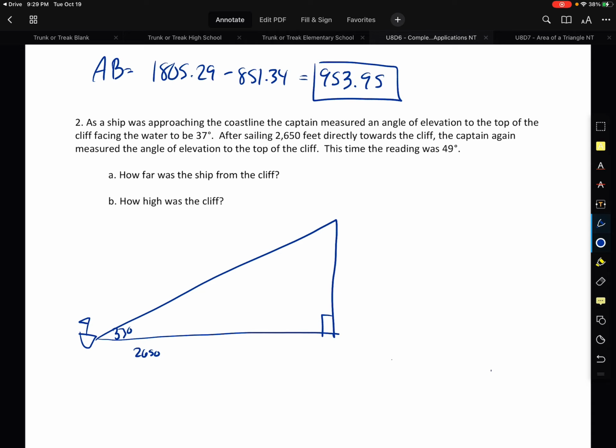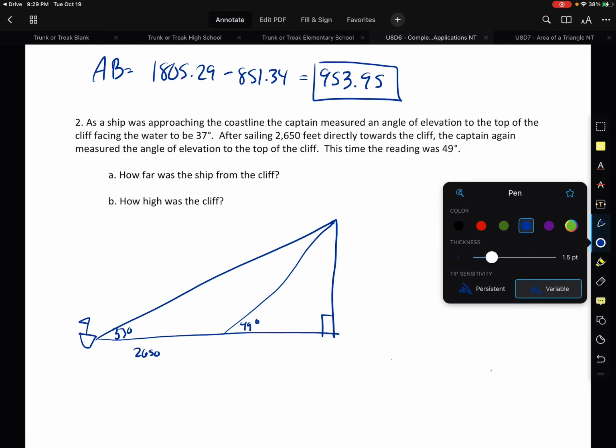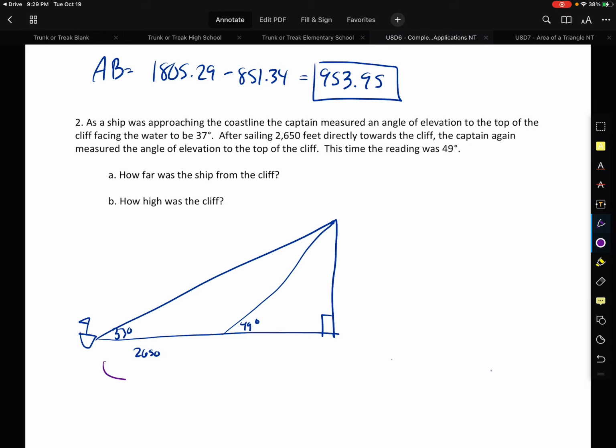They sailed 2650, and from there they looked up again, and this time we had 49 degrees. We need to figure out how far the ship was from the cliff, this whole thing, and how high the cliff was, this whole thing.